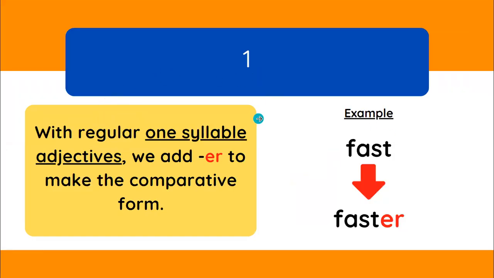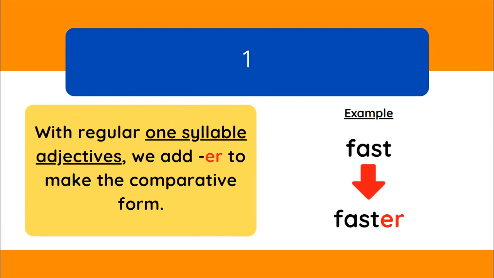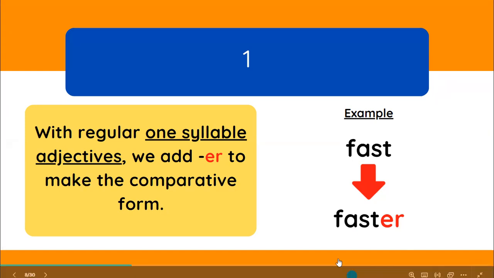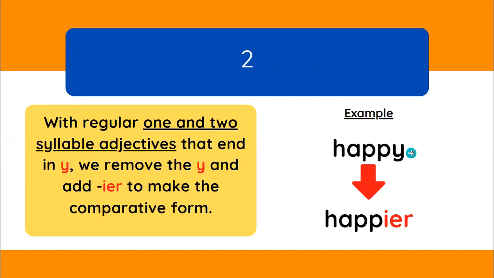Young lady, help me with this rule, please. With regular one-syllable adjectives, we add ER to make the comparative form. So, for example, fast, faster, we just add ER.